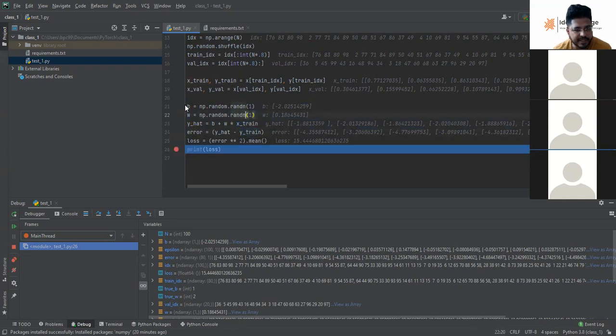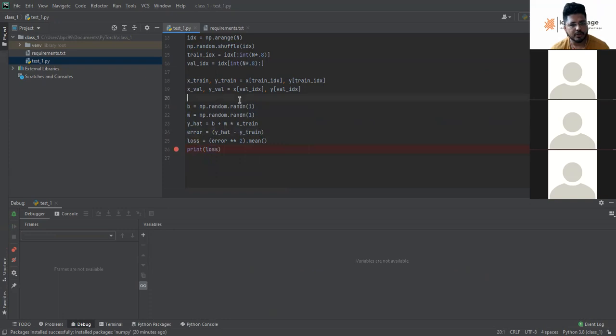So our target is to adjust these values of B and W based on the loss we get at every epoch.